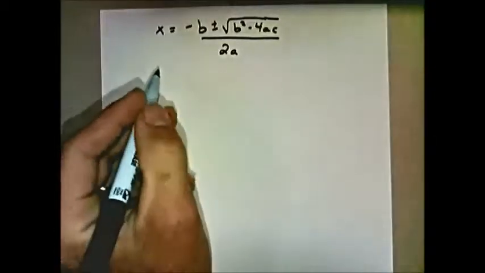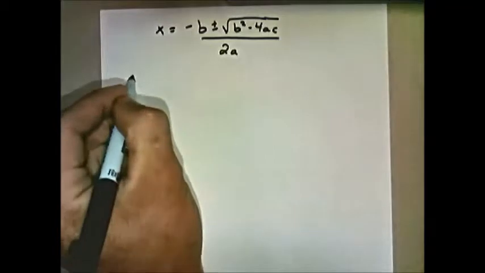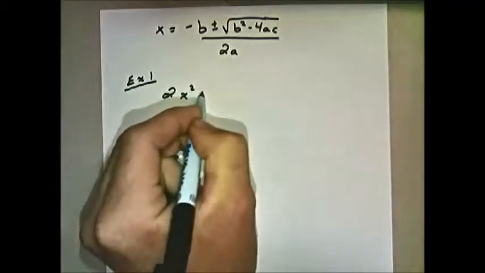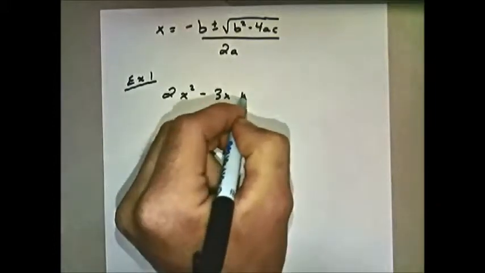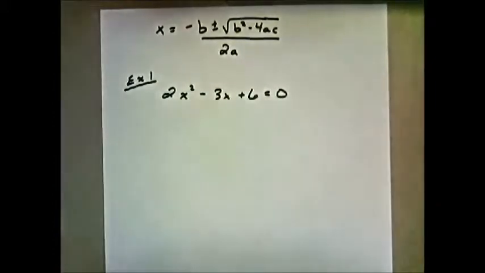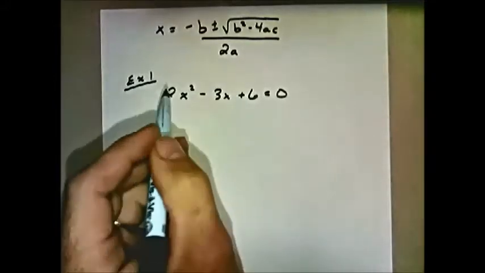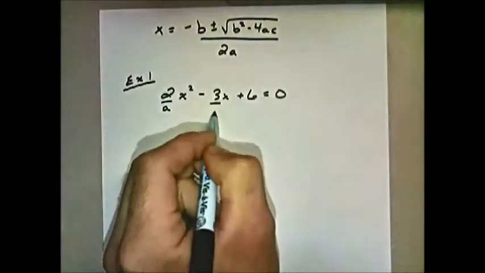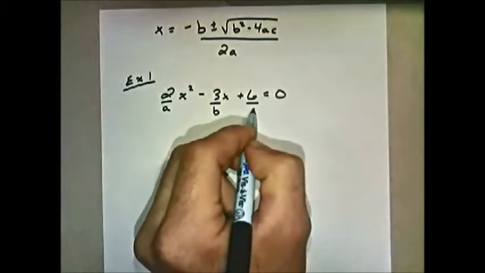Let's give a quadratic equation, for example 1, of 2x squared minus 3x plus 6 equal to 0. And you're asking yourself, okay, where do I go? Well, remember, this was our a value, this was our b value, and this was our c value.